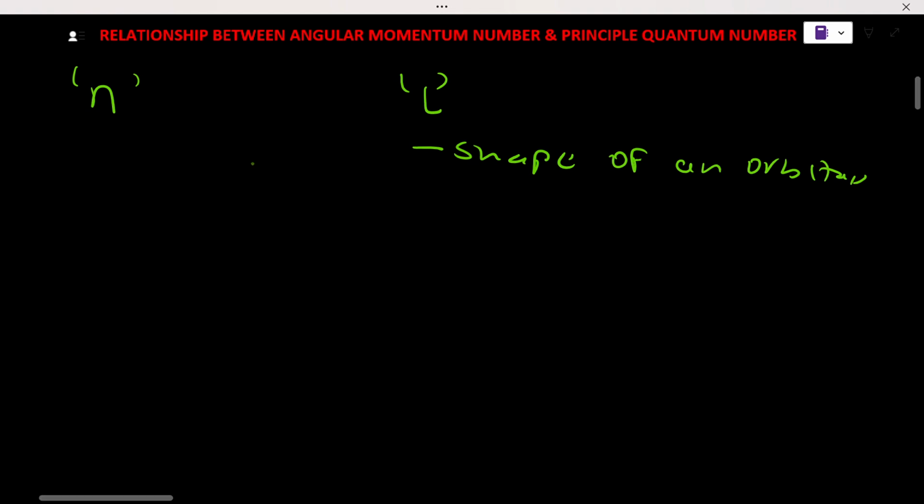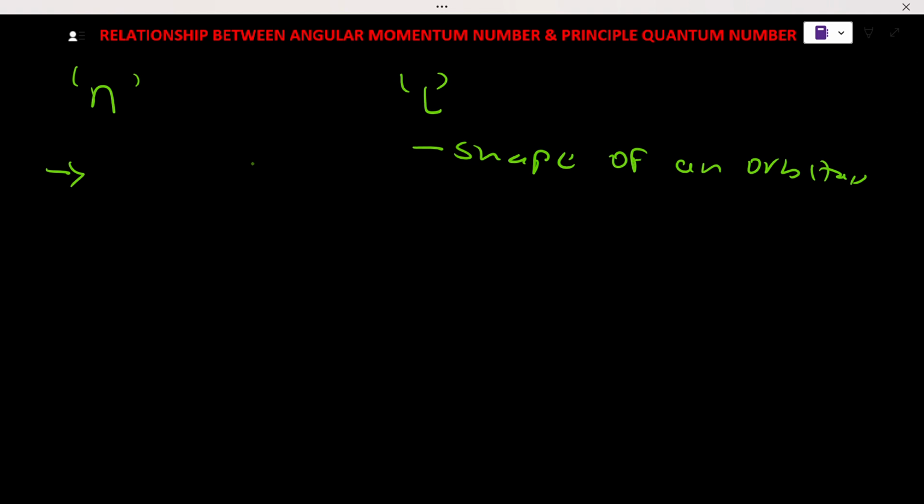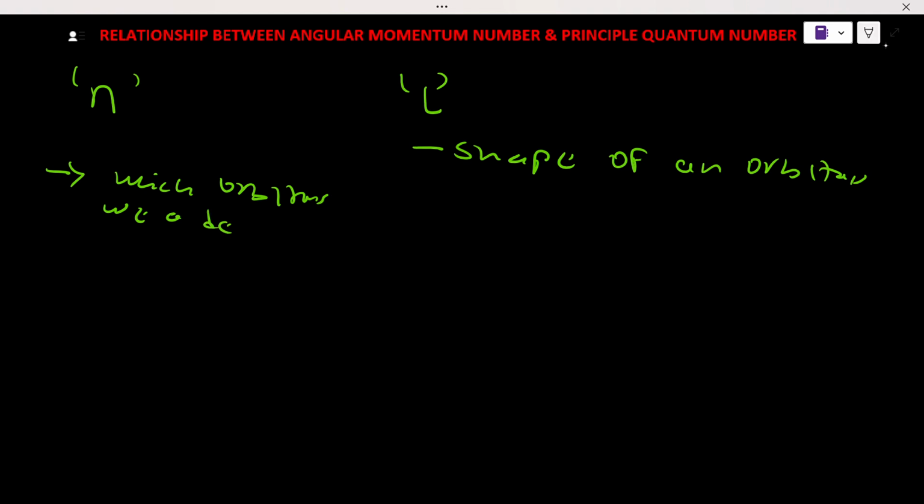N, the principal quantum number, tells us the kind of orbital we are dealing with. Which orbital? The orbital we are dealing with.